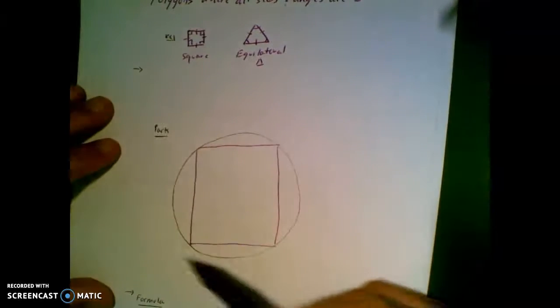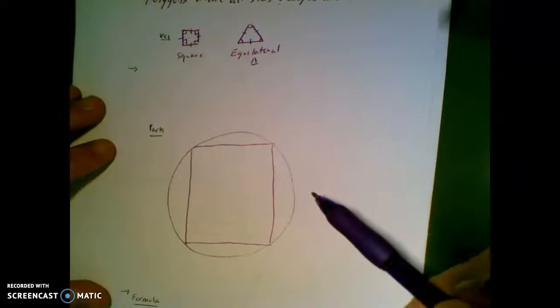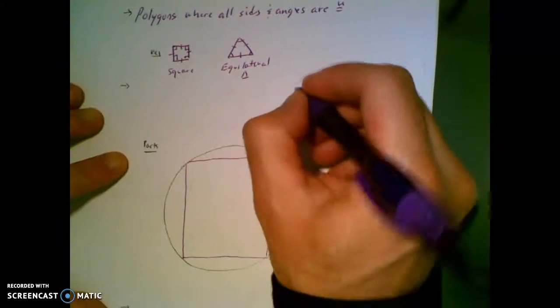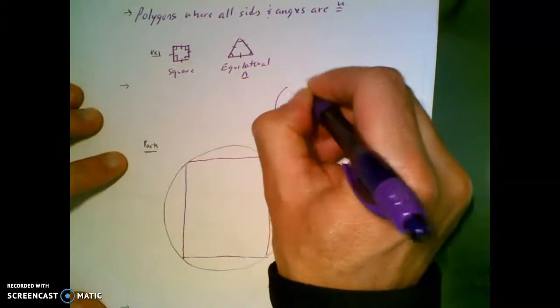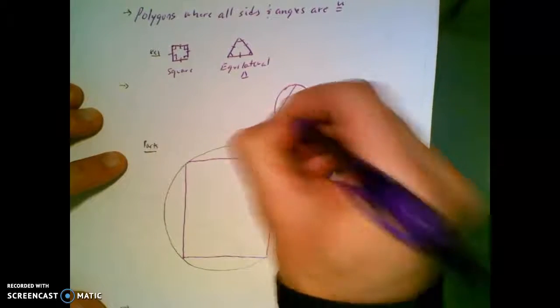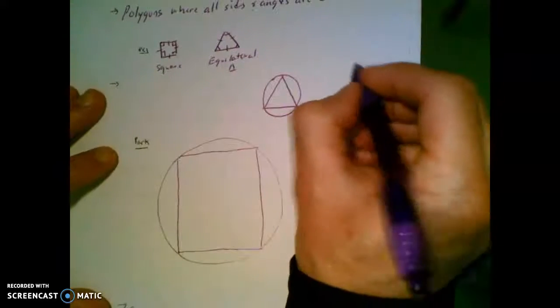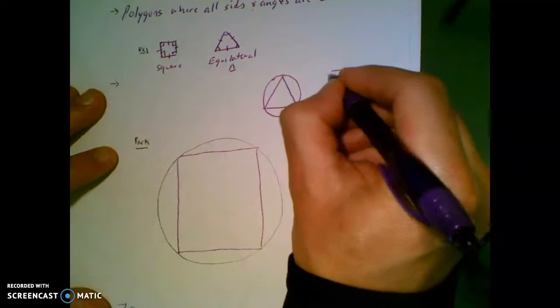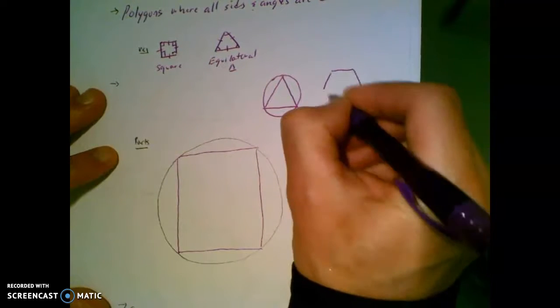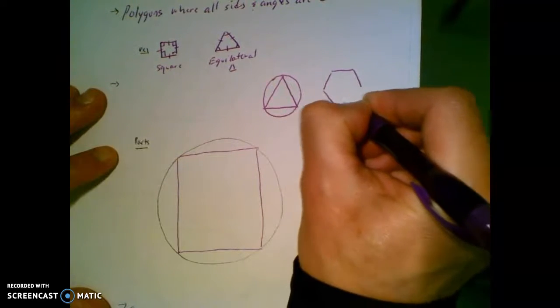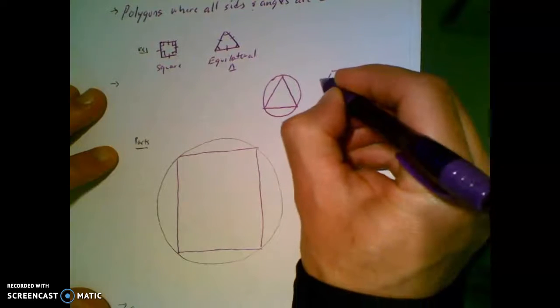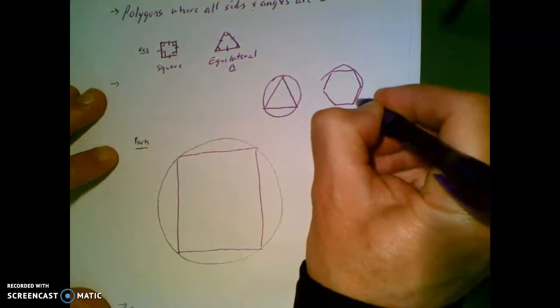So any regular polygon, the vertices are going to pass through a circle. So it'll work with that. It'll work with the triangle that we spoke of. It'll even work with a well-drawn hexagon. So if I have something like that, again, each vertex would pass through the circle.